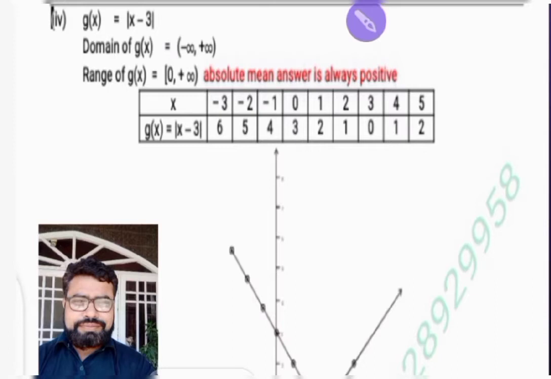In an absolute function the domain is always the set of real numbers, or -infinity to infinity, or capital R, as I have told you earlier that the set of real numbers can be written in 3 ways: in descriptive language, set of real numbers, or capital R with a line, or -infinity to infinity. The domain of the absolute function is always from -infinity to infinity, and the range from 0 to infinity. You have to remember it.